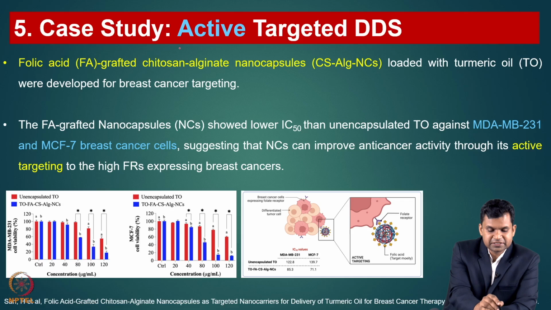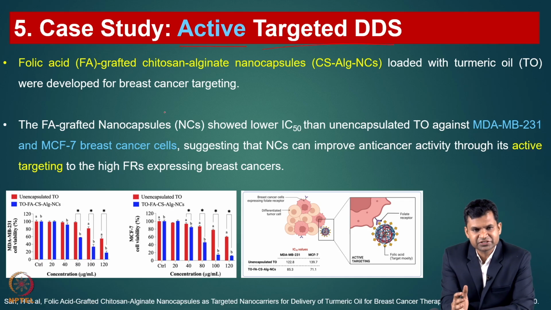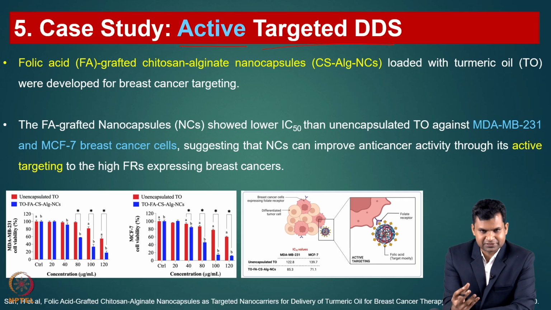Here we are going to discuss the active targeted drug delivery system. As I mentioned, various types of receptors are overexpressed on various types of cancer cells, such as in breast cancer, liver cancer, and pancreatic cancer, and that will depend on the type of cancer. For example, here we are going to discuss breast cancer.